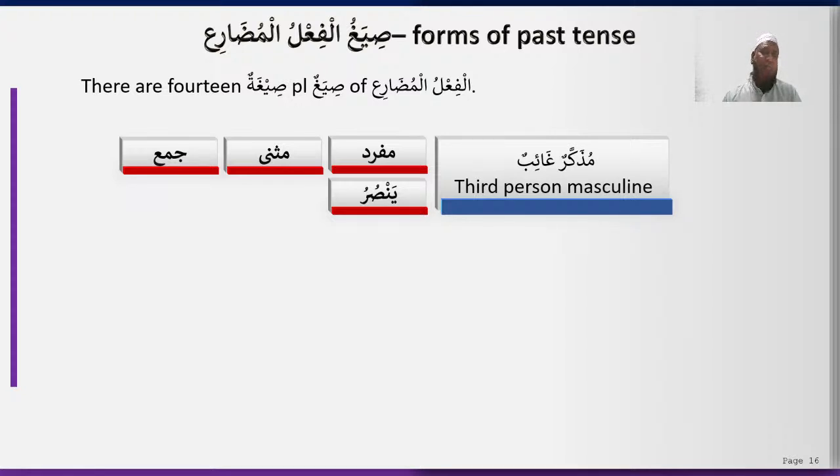So all the mufrad sighas, the Arab will be مرفوع وعلامة رفعه الضمة الظاهرة. The مثنى Arab is ثبوت النون, ينصران. And Jama also, the Arab is ثبوت النون, ينصرون.